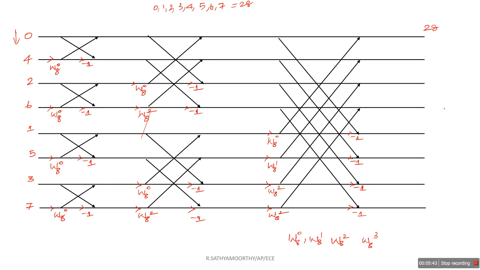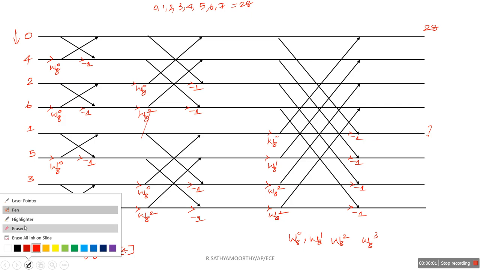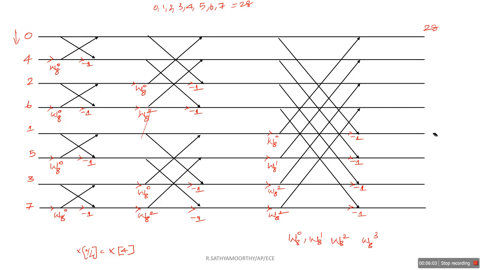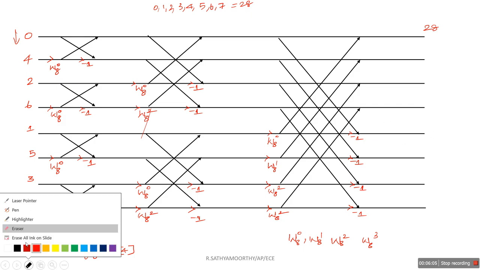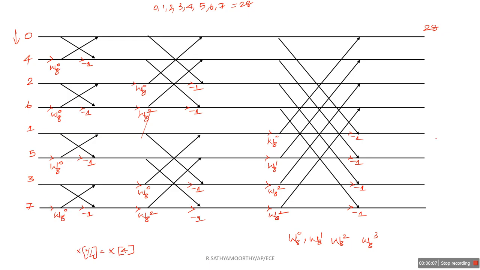Then we can calculate X of N by 2. What is X of N by 2? This is an 8-point DFT, N equals 8, so X of N by 2 equals X of 4. How do you calculate X of 4 directly without so many computations inside?